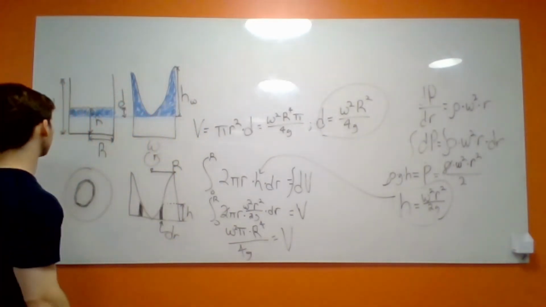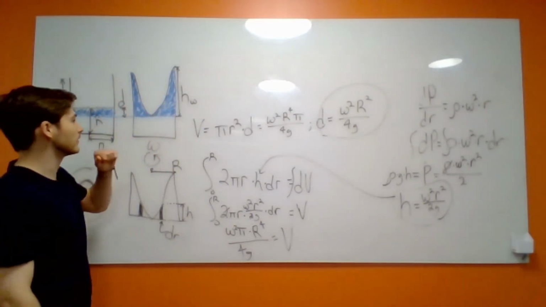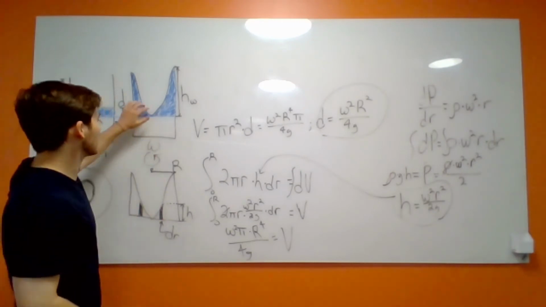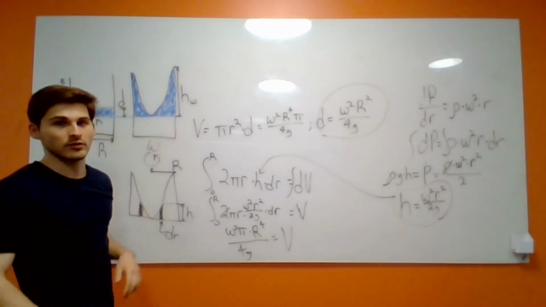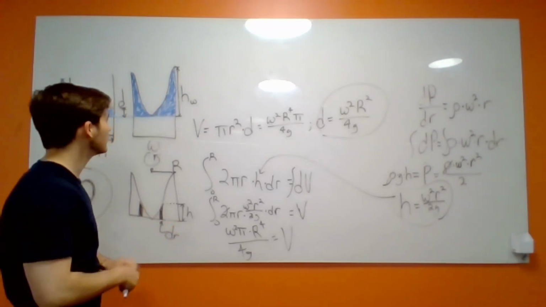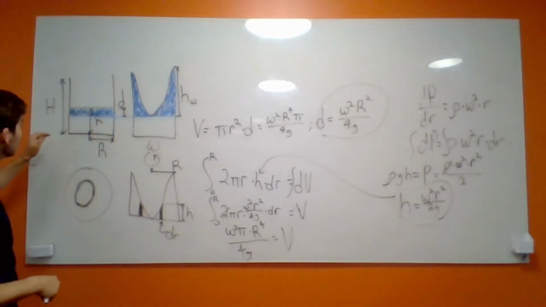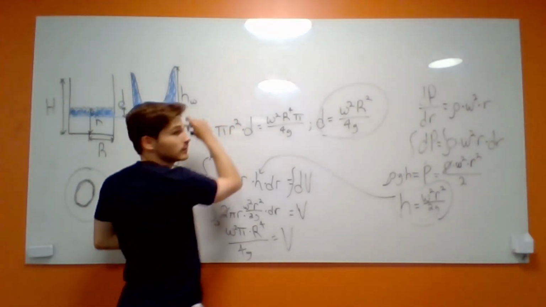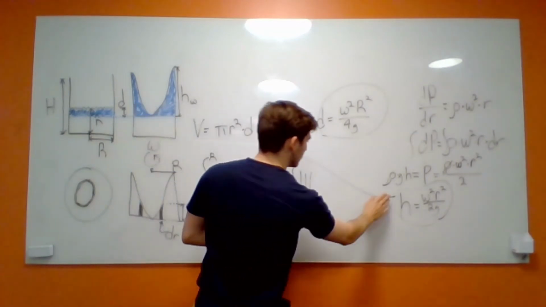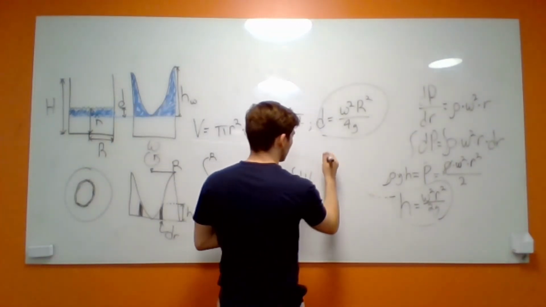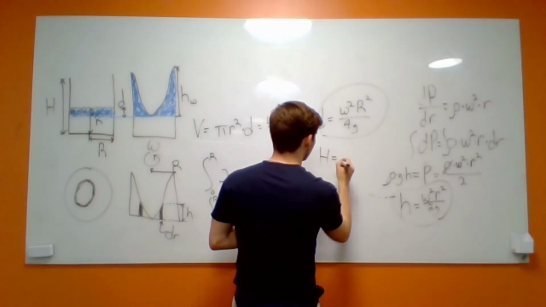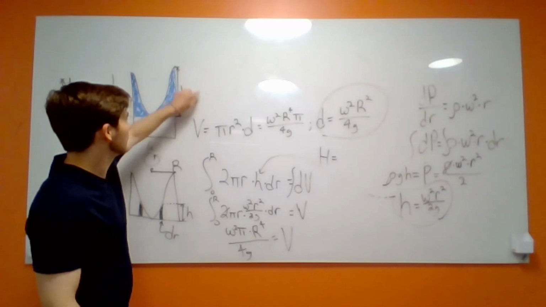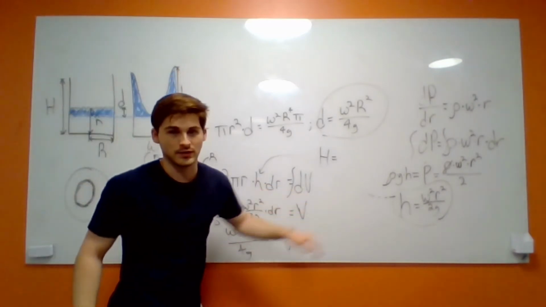And so going back over here, we know that we want to find the angular frequency so that the water reaches the maximum height of our system but doesn't spill over. And so the height of our system is equal to the height of our water's parabola here, and that's just going to be found with our height function down here.